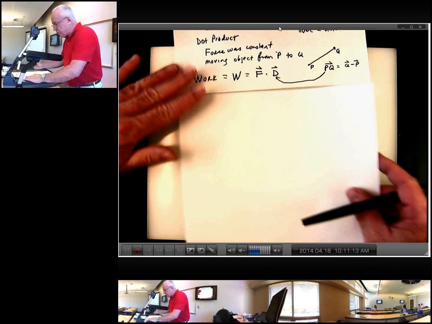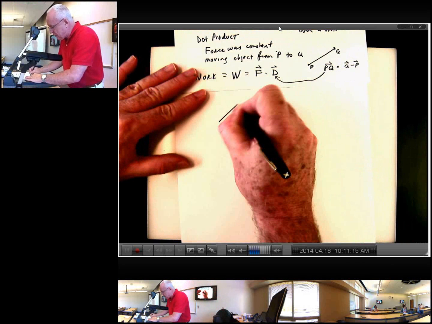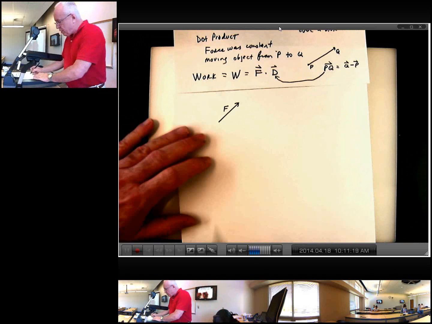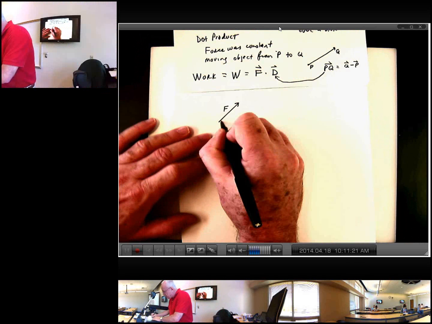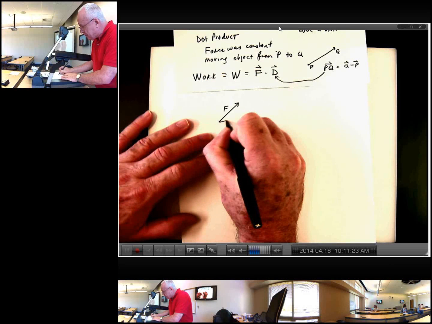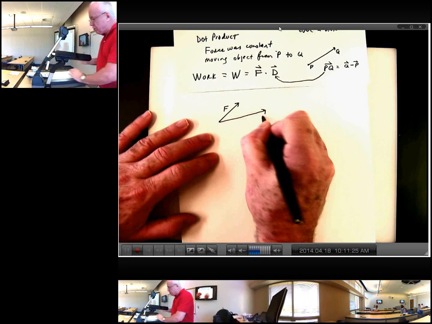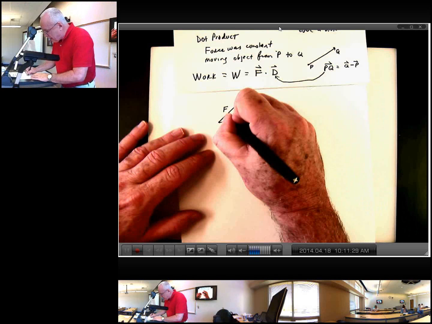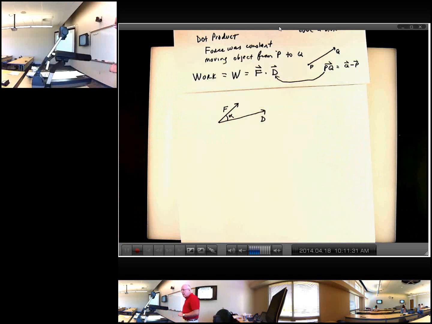If we have a force F like this, and this is the displacement we're moving along, we have an angle alpha here.